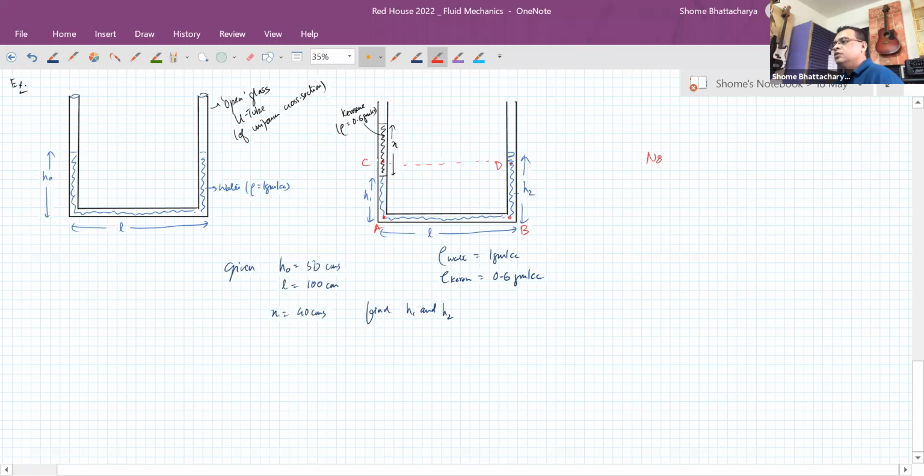Okay. So here we cannot compare C and D because C is in kerosene and this is in water. But the pressure at A will be equal to the pressure at B because they are both in water, at the same level.